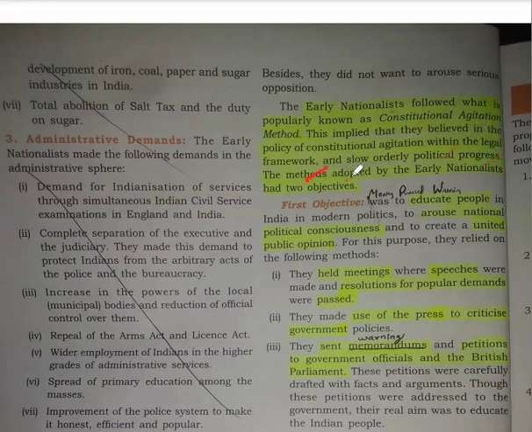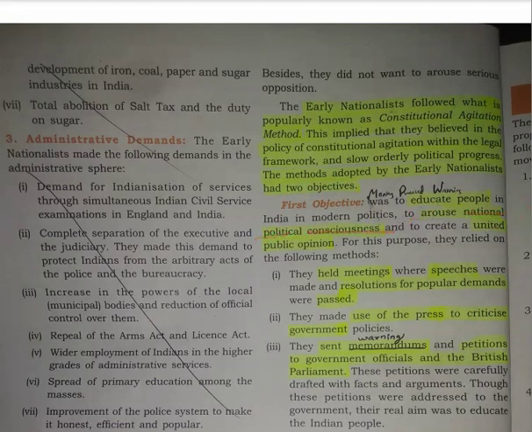The methods adopted by the early nationalists had two objectives. The first objective was to educate people, educating Indians in modern politics, to arouse national political consciousness.